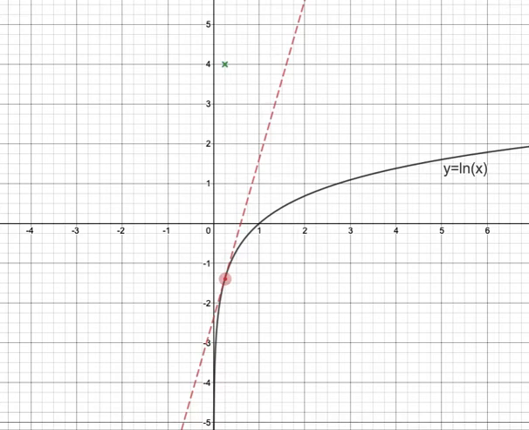If we keep moving a little bit further to the right, we know the gradient's going to get a little bit less. Let's try to move to the point where x is equal to a half, which is about there. And the gradient of this line now, again, if you can try to find 2 clear reference points, the gradient of your tangent line when x is equal to a half is going to be 2. And so that means that the gradient of log e of x when x is equal to a half is 2.